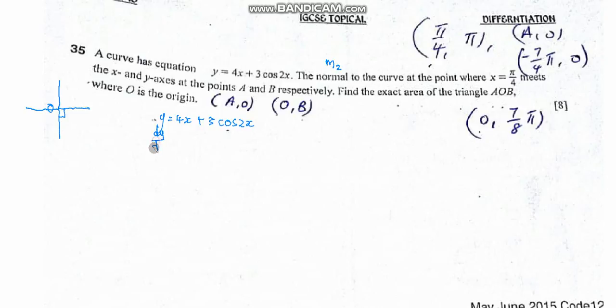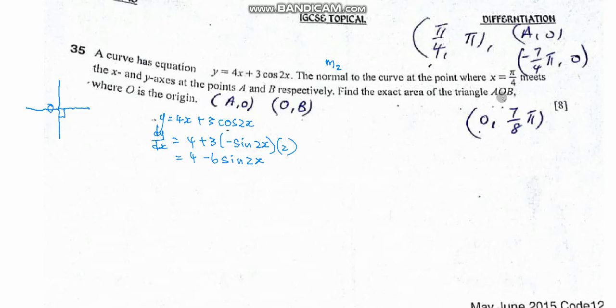Differentiating, dy/dx equals 4 plus 3. When you differentiate cosine, you get a minus sine 2x, and then you differentiate the inside, you get a 2. Simplify the whole thing: 4 minus 6 sine 2x.